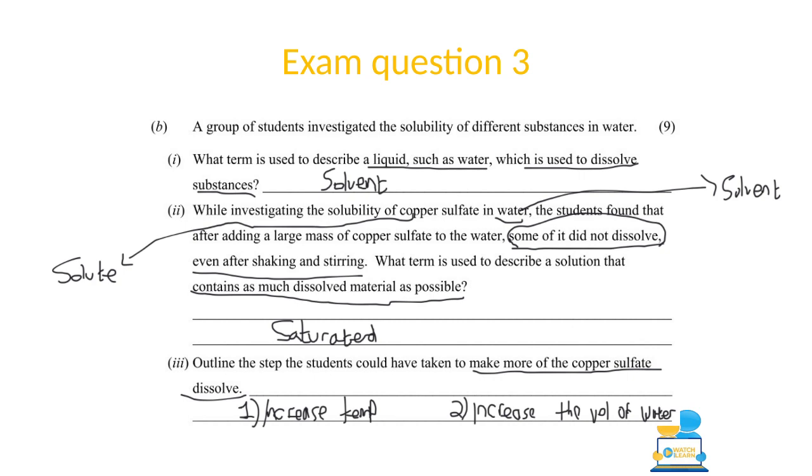So that's how we could increase the solubility of the solute: by increasing the temperature and increasing the volume of water. Because remember, we think back to our tea and our sugar. How do we ensure that more of the 5 grams of sugar was dissolved? We increased the amount of tea, which was increasing the volume of water, and we also increased the temperature to 80 degrees.